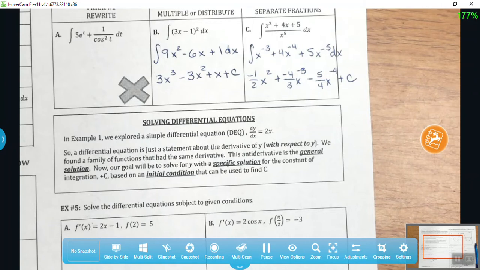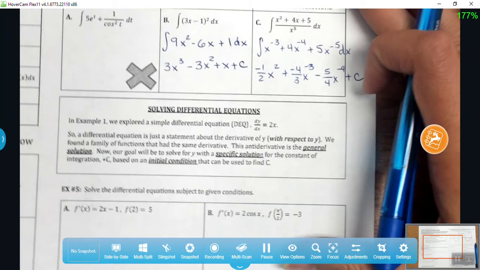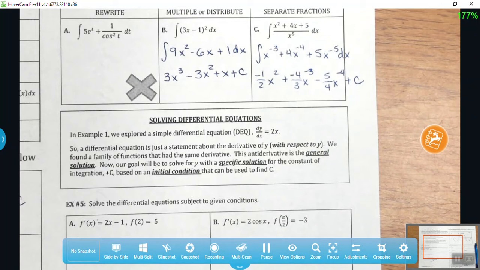All right. So, if they give you an initial condition, then you will be able to solve for C, because they're going to give you a point on the curve, and so you can know how high or how low to put the curve so that it goes through that point, right?